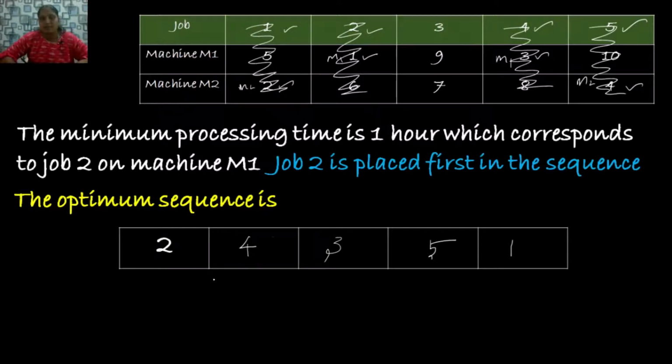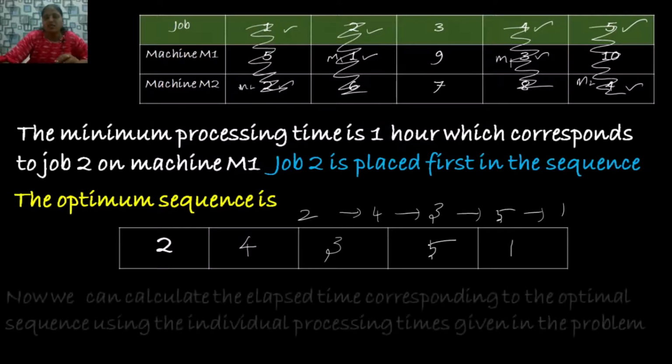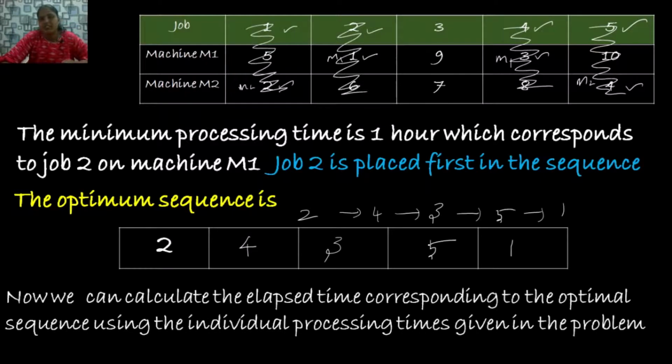That is, we first process the second job, and then the fourth job, and then the third job, and then the fifth job, and the first job. If we follow this order, definitely the total elapsed time will be minimum. Next we have to calculate the total elapsed time corresponding to the optimal sequence that we have just found, using the individual processing times given in the problem.